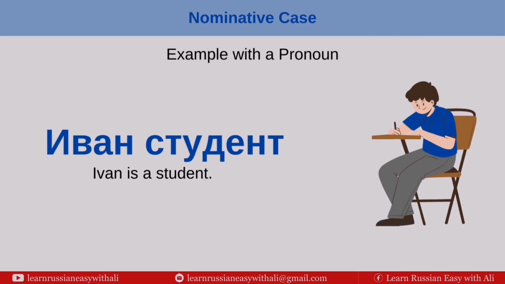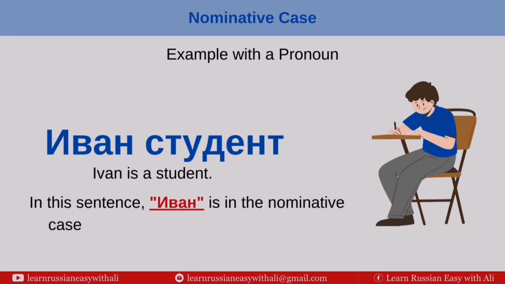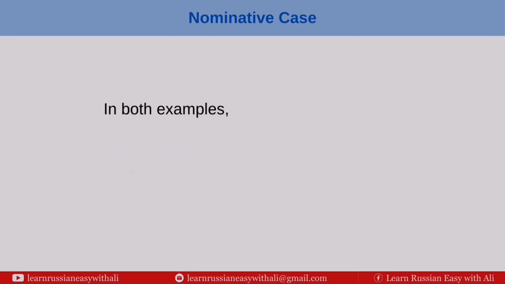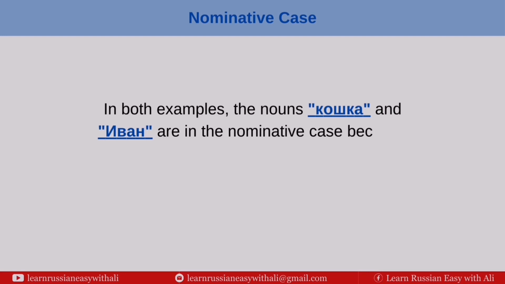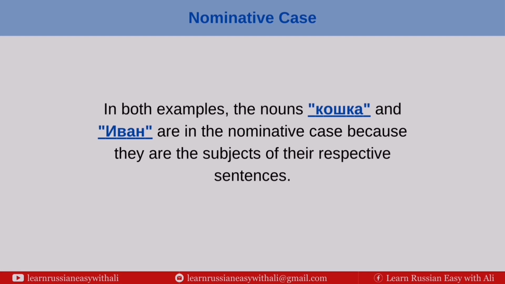Example with a pronoun. Иван студент. In this sentence, Иван is in the nominative case as it is the subject of the sentence. In both examples, the nouns Кошка and Иван are in the nominative case because they are the subjects of their respective sentences.